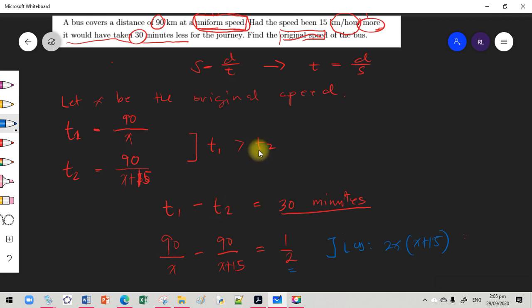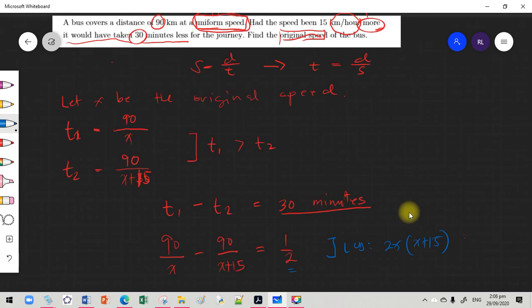Or are you going to express your equation in terms of distance? Understanding the problem will help you decide which of these three elements will comprise your equation. Here we are expressing our equation in terms of time, with the help of the speed, and the time is expressed in terms of the speed and the distance.